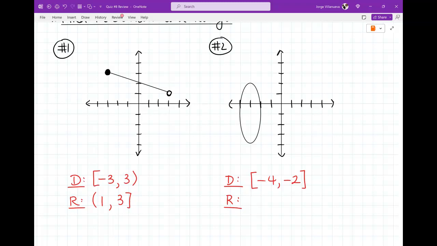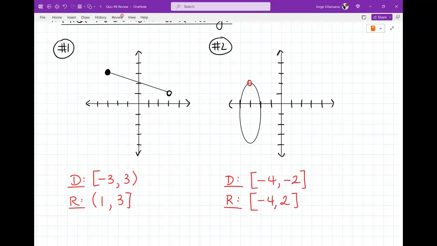Okay, range. Remember, range is basically your vertical distance, right? From where to where. So how low did it go? And how high? All right, -4 to +2. And I am going to include those because, again, there are no little holes right there.